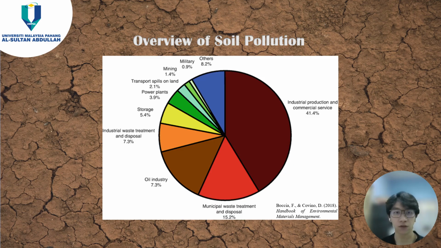The largest source of soil pollution is actually 41.4%, which come from industrial, production, and commercial services.